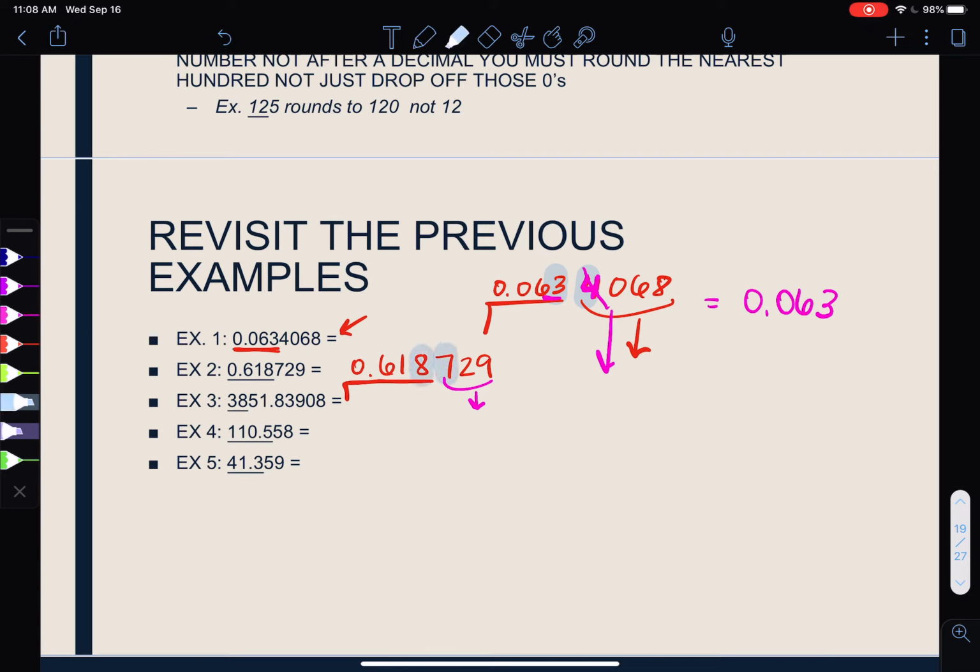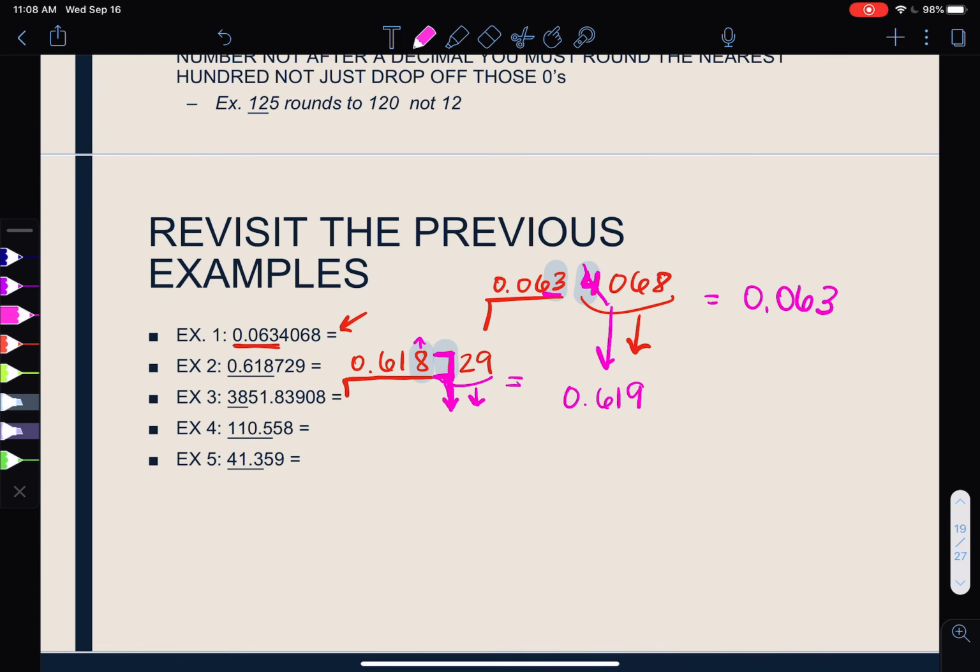You look at the one that's falling off, this 7, and say it is more than 5, so you raise the number in front of it. So this is 0.619. That's the answer. If the number falling off the cliff is more than 5, then you raise the number right beside it. Okay.